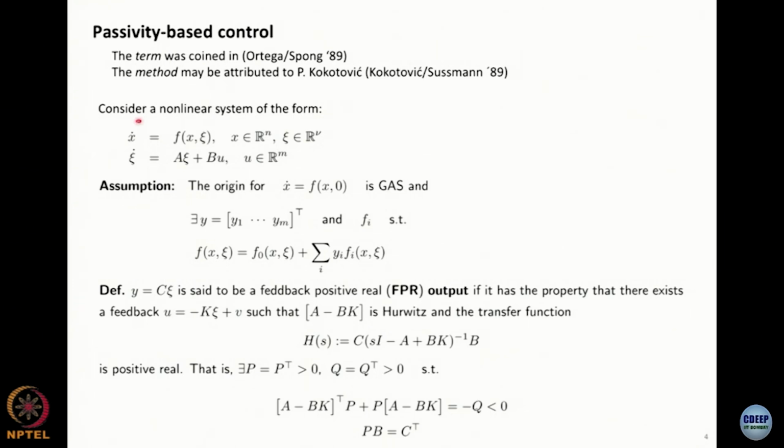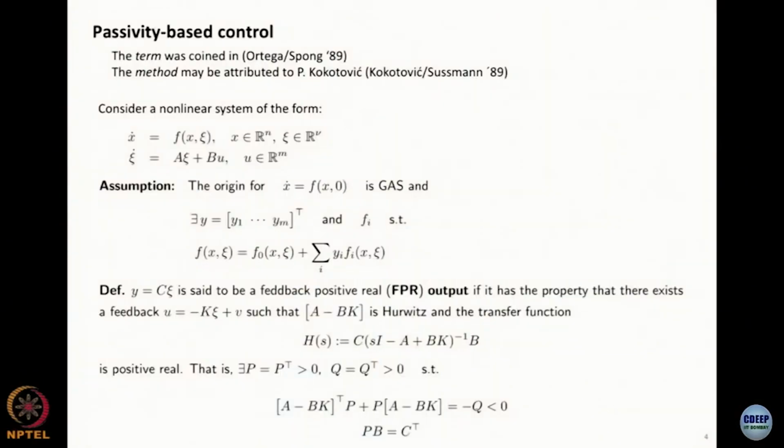Anyway, the method is here, just for the little story, and essentially it consists in the following. They were studying systems that have this form. These systems basically come from a nonlinear system. We are in the 80s, and in the 80s people were mostly working with feedback linearization. I guess you have studied that. You want to find an output, a feedback and a coordinate transformation that brings your system into a linear form.